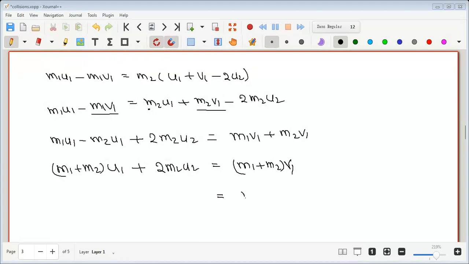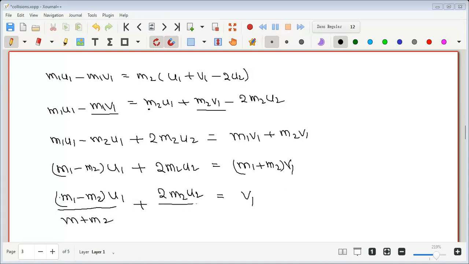Now v1 is equal to (m1 minus m2) into u1 divided by (m1 plus m2) plus 2m2 u2 by (m1 plus m2).